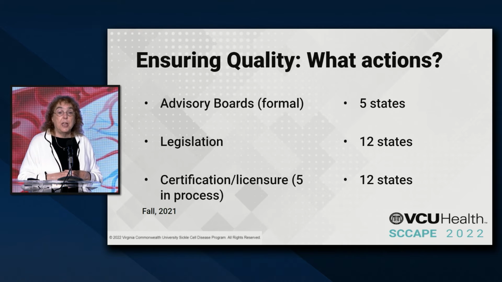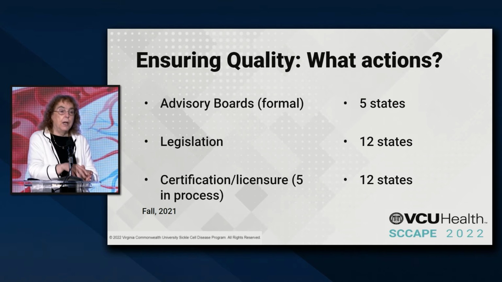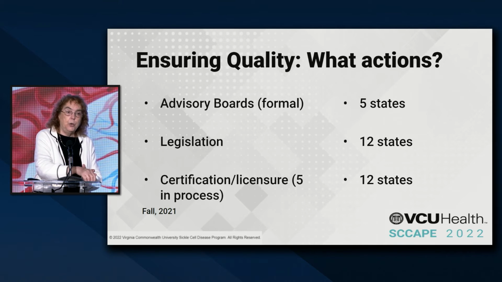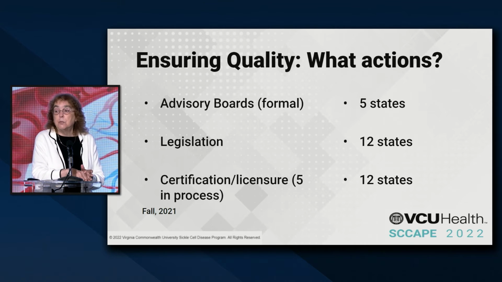Legislation: we have 12 states that actually have it written in code, where they define what a community health worker is, and there are codes around that. And of course, when you have a code, you're going to have regulations. Those of us who are licensed people, we have lots of regulations we have to live by. Well, at this point, there's no licensure of community health workers in the United States, all right? There are some who are talking about it, but it hasn't happened yet.